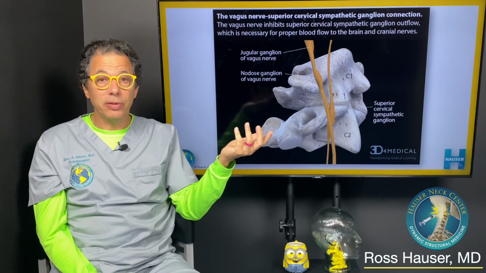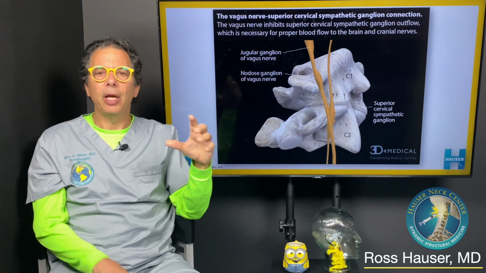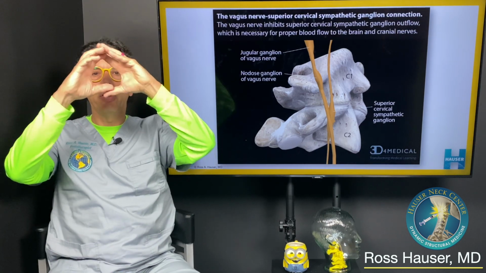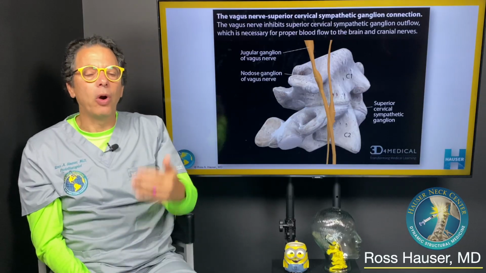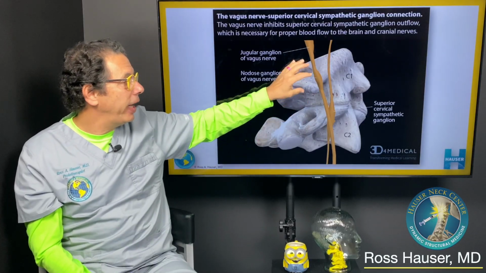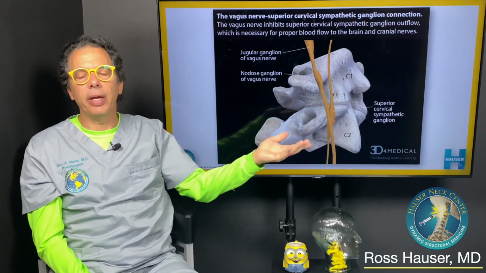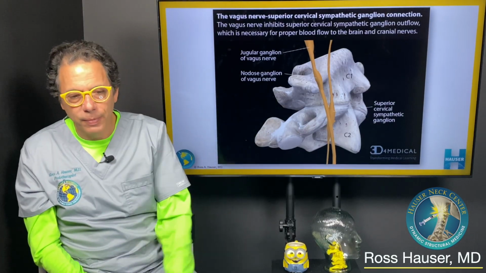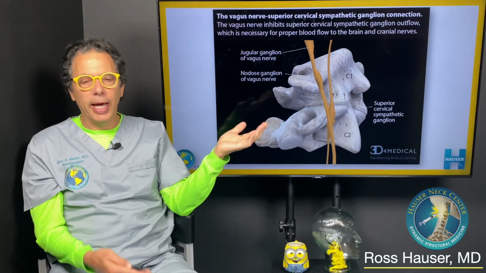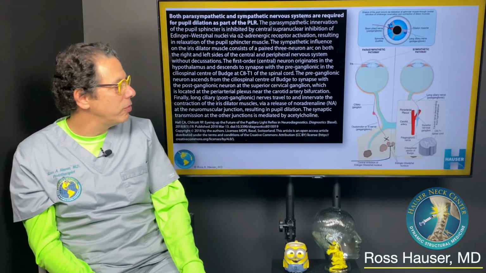So what tells the vagus nerve what to do is going to be wherever the ganglion is, wherever the brains or the genetic material is for that nerve. So the vagus nerve, that's C1, the superior cervical sympathetic ganglion is C2. So if somebody has a photophobia, you've got to think, well, maybe it's a problem at the C1, C2 junction.